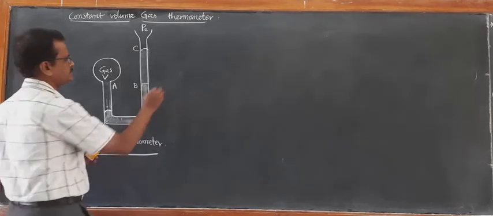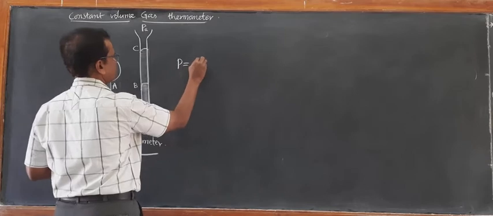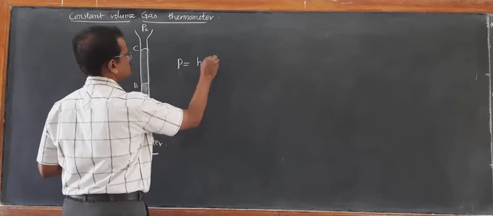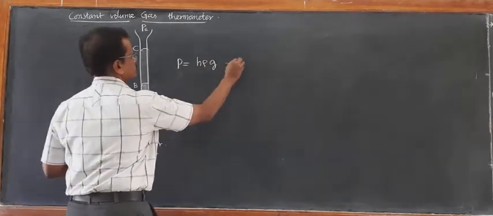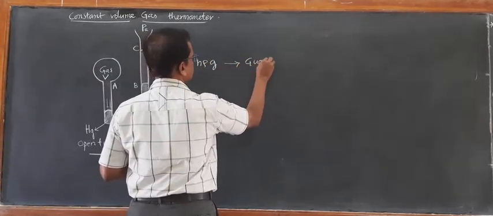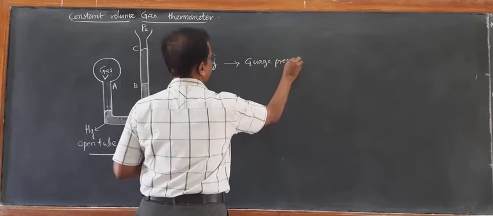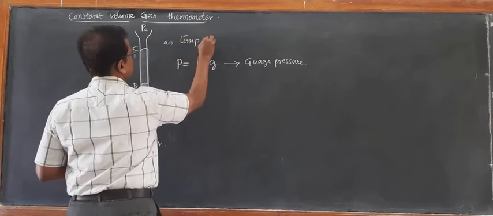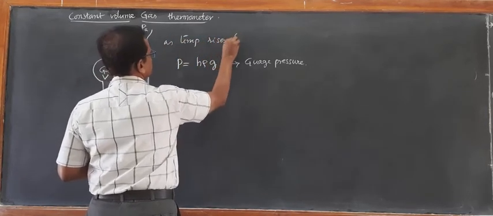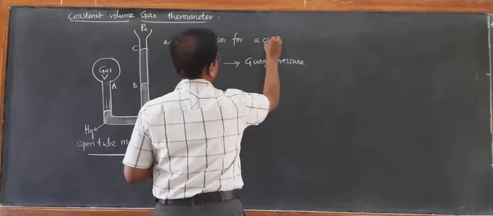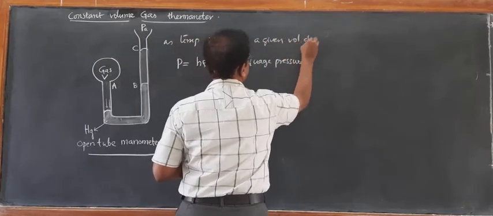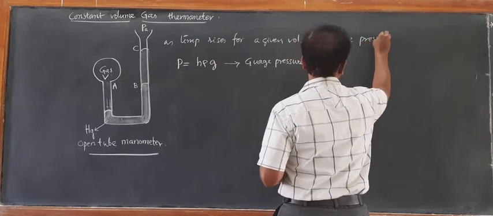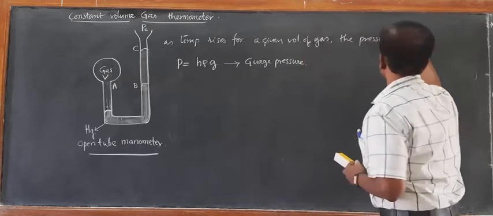So pressure is calculated as gauge pressure. P minus PA is called gauge pressure, equal to h rho g. This is what we have learned earlier. As temperature increases for a given volume of gas, the pressure increases.